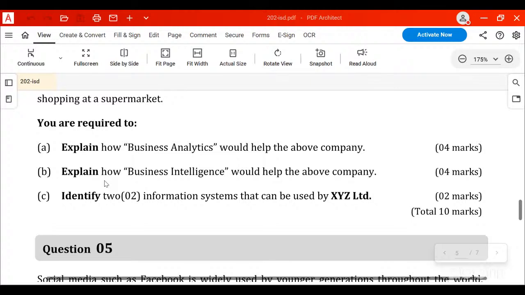Business analytics is a data-driven approach used to analyze, interpret and act on business information to improve decision making.